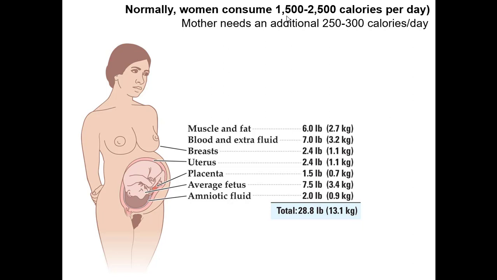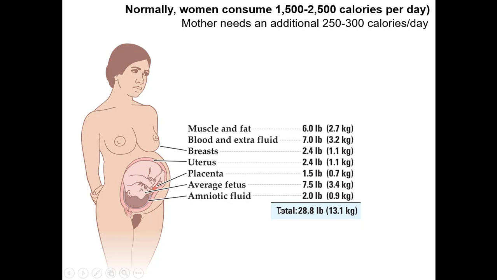So it's important to emphasize it is not a good idea to consume excessive amounts of food during pregnancy. If a woman gains too much weight, that could be difficult for a woman to deliver. If a woman maintains an unhealthy weight during pregnancy, she may even develop gestational diabetes.